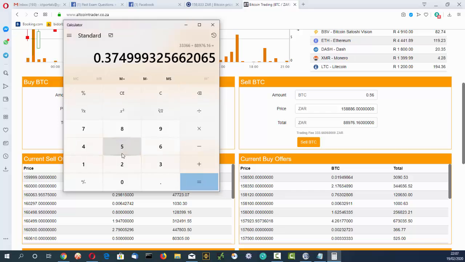Okay, let's do it like this. 333.66, how many percent is it of 88,976? No, it's not 00. AltcoinTrader doesn't charge 00.